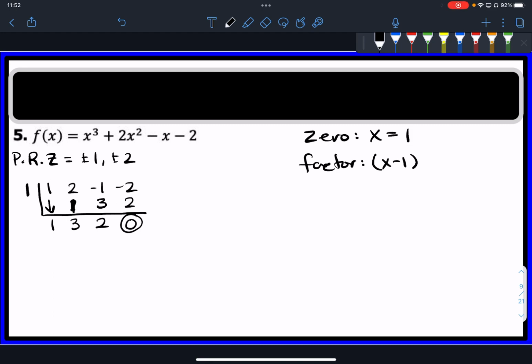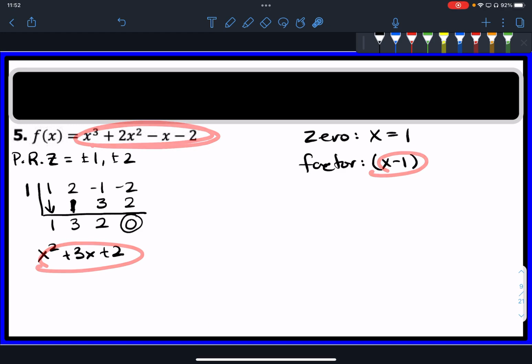By finding that 1 actually works, what remains down here is a quadratic factor. Multiplying x minus 1 with x squared plus 3x plus 2 is going to give me this polynomial.